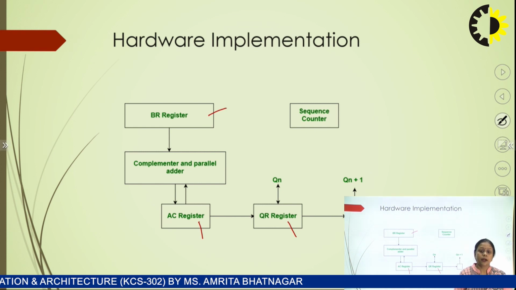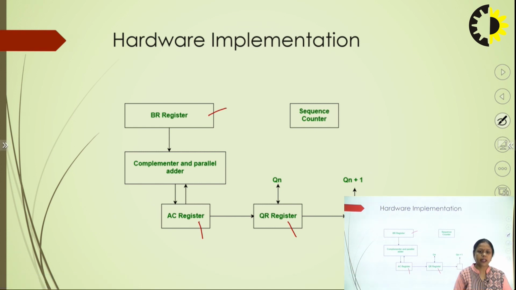When we multiply two numbers, it can be a big number which cannot be stored in one register only. So we should have another additional register, known as the AC register. In the starting, the value of the AC register will be 0, but after performing the whole algorithm, we will have the result in the AC register and QR register.